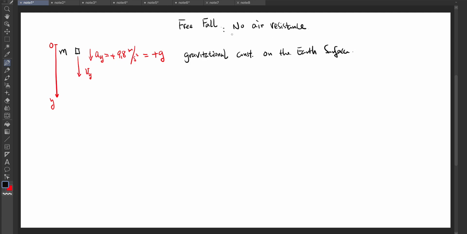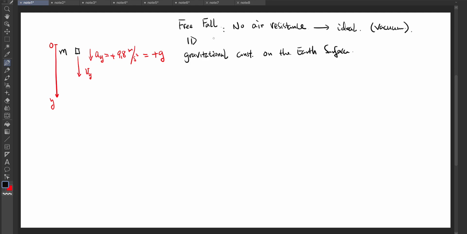So right now it's ideal. Imagine the object is moving in a vacuum, then that would be the case here. So the ideal case corresponds to vacuum. All right, so let's call it free fall, and that's the most important 1D motion.